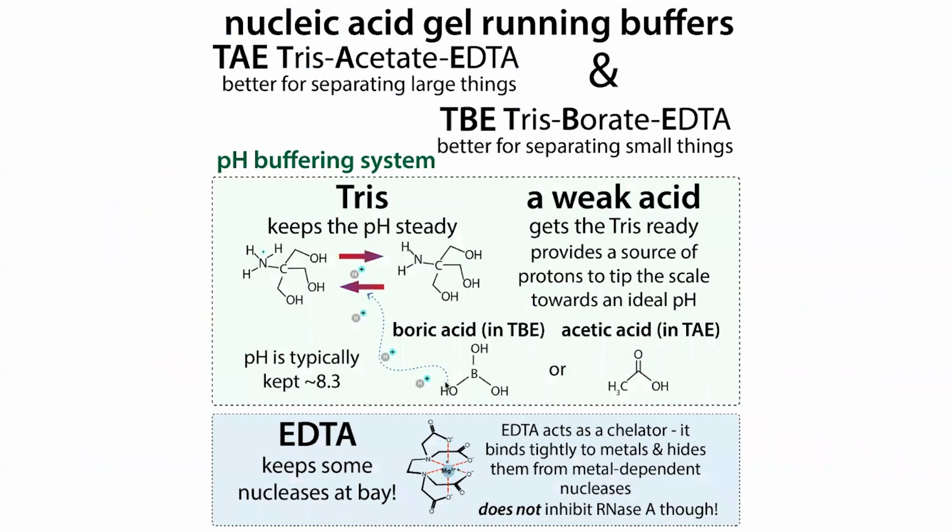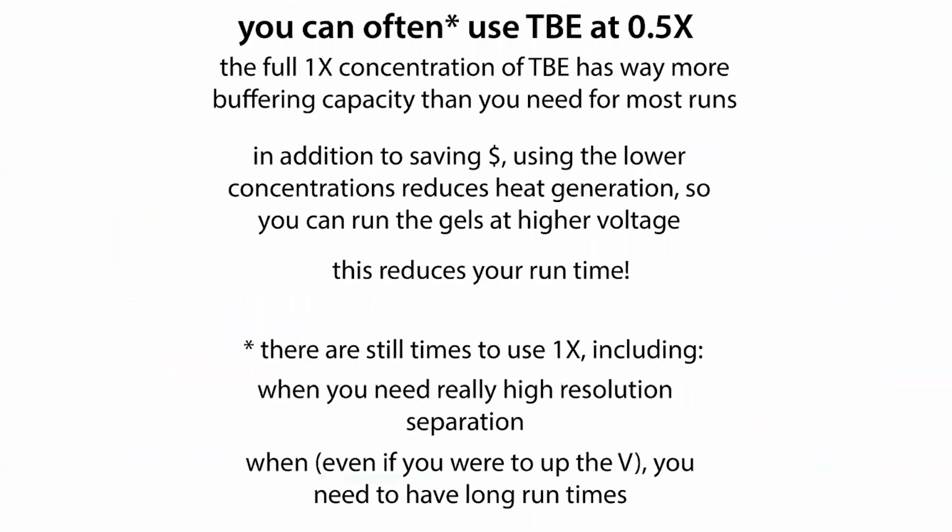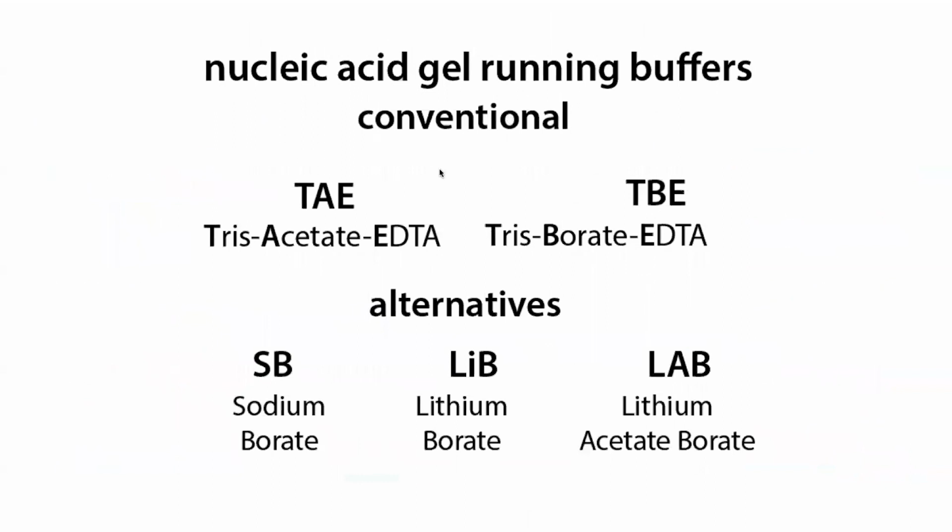In the case of a nucleic acid gel, we're typically using either TAE, so tris acetate EDTA, or TBE, tris borate EDTA. There are also less conventional alternatives, things like sodium borate, lithium borate, or lithium acetate borate, which might be better for various things.